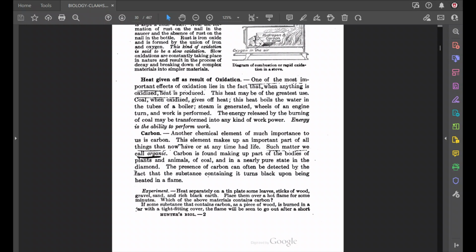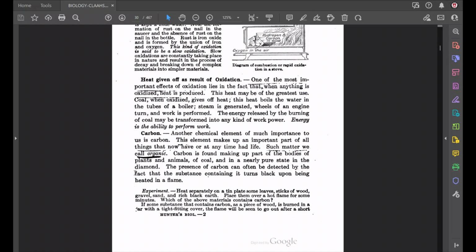So here's an experiment that we're taught in this chapter, because remember, we learned that all scientific knowledge in the natural sciences should come through experimentation, through observation. It shouldn't be book learning. So here's an experiment you can perform. Heat on a tin plate, so take a metal plate, and heat some leaves and some sticks, some gravel, some sand, and some rich black topsoil.